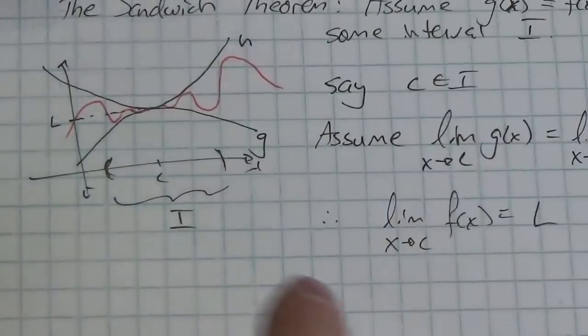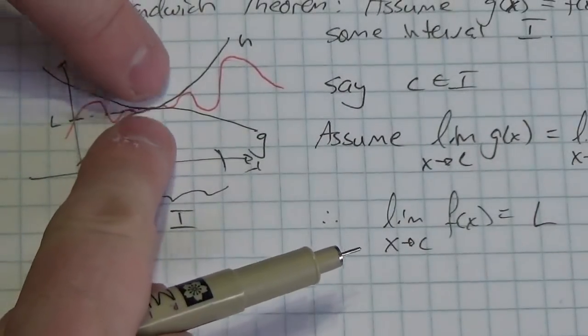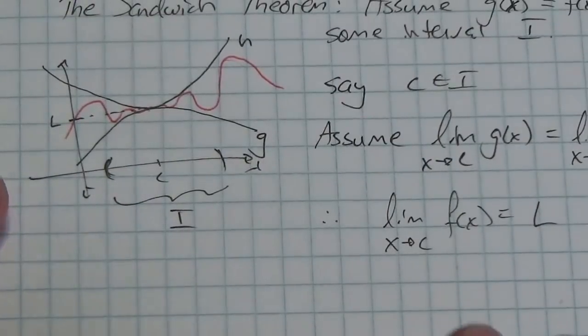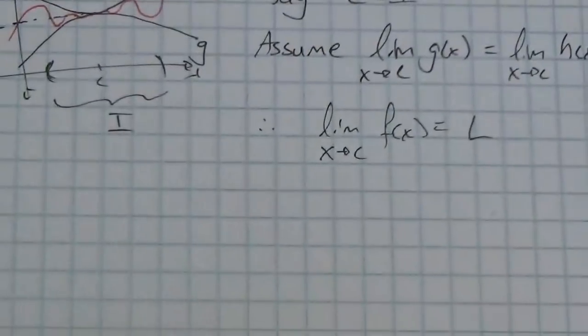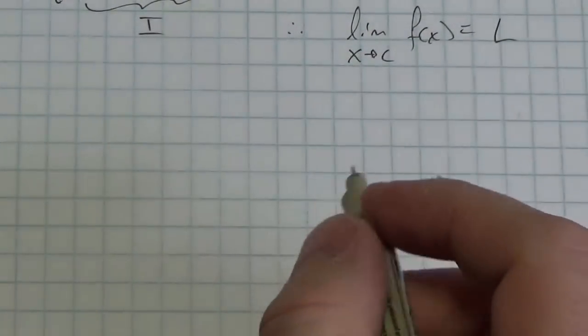Basically, just like the name of the theorem states, these two functions sandwich that third function in between them, and so they all meet at that one point. That is all the sandwich theorem is stating. So with that in mind, let's now take a look at our trigonometric limit here.